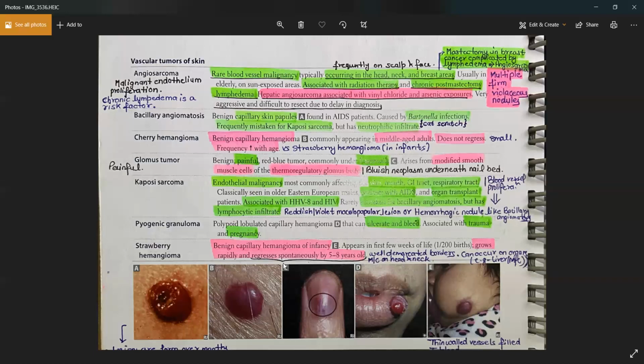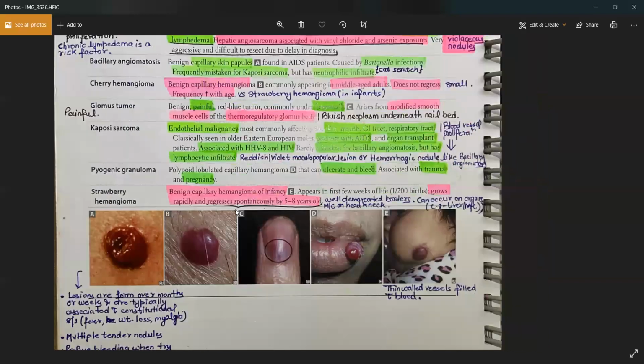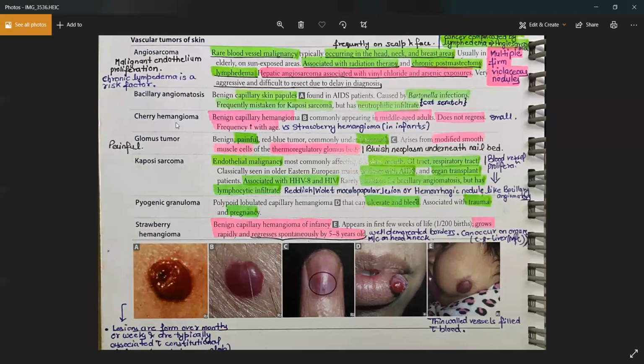The size of the strawberry hemangioma is very large, but the cherry hemangioma is very small, and its frequency and size increase with age. It is seen in adults, while the strawberry hemangioma is seen in children. As you can see here, this is the strawberry hemangioma, and this is the cherry hemangioma.